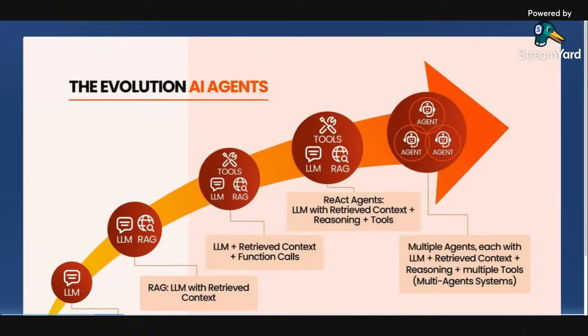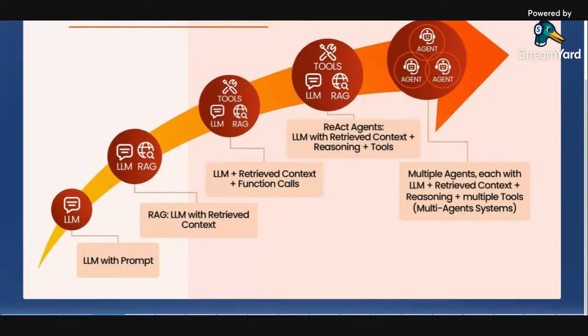How did we reach the evolution of the AI agent? First of all, we had LLMs with different prompts. Then we came up with RAG, retrieval augmented generation, that is, an LLM with retrieval context. Then we came up with LLM and tools combined with RAG. Then a step further, called the ReAct agent, combined all together the LLM, retrieved context, reasoning, and tools.